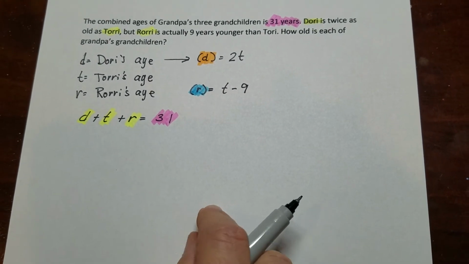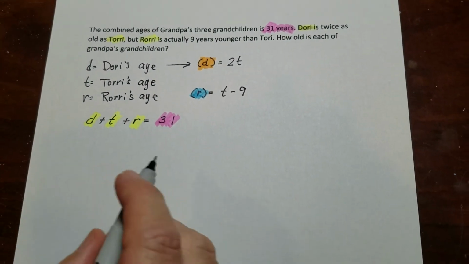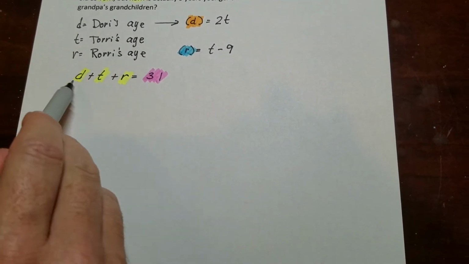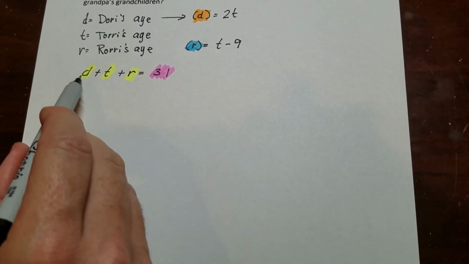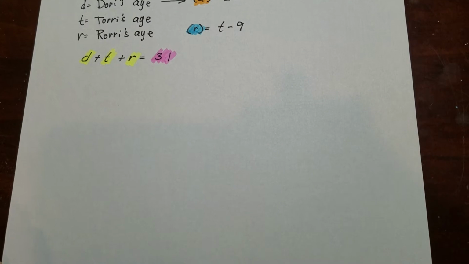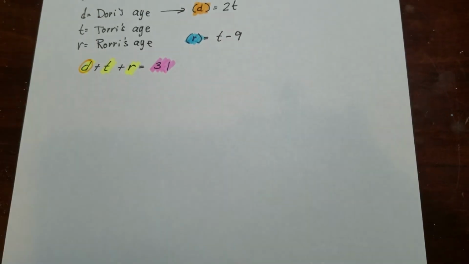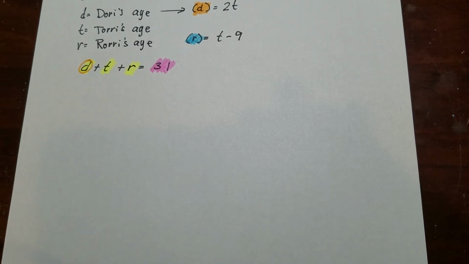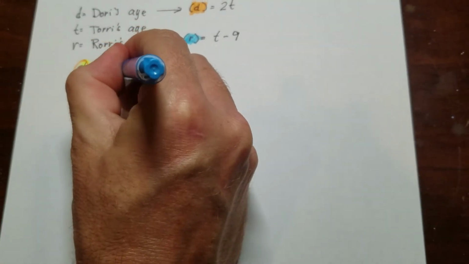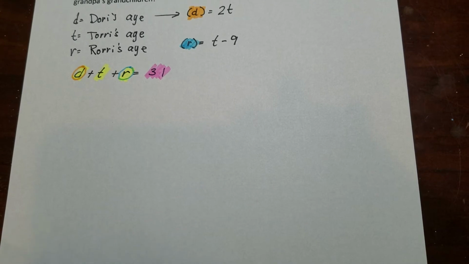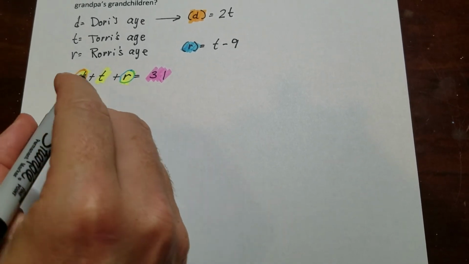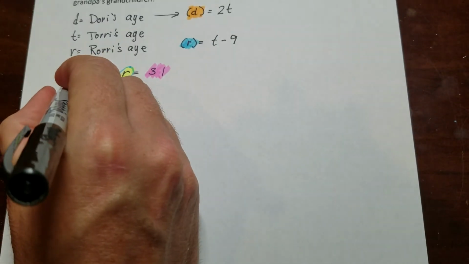Okay, so now that I have my variables, what I'm going to do is I'm going to focus on this equation down here now. So instead of D, I'm actually going to replace that because you see we figured something out about Dory and we also figured something out about Rory. So I'm going to take the D and substitute it with 2T.